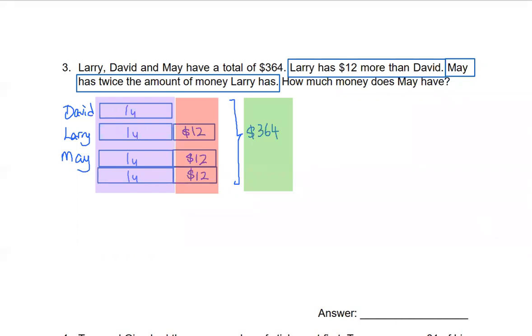So to find the 4 units, first of all I want to find what is $12 times 3, because there's $12 there. That will give me 36.